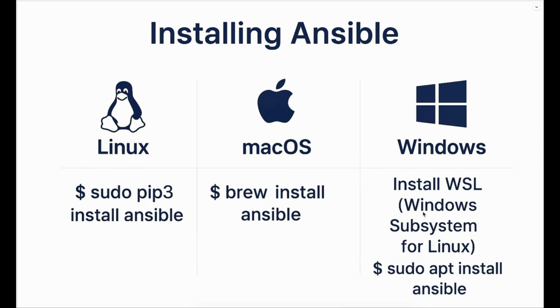Once you have WSL installed and open the Ubuntu terminal inside it, you can run the same command as on Linux: sudo apt install ansible. This gives you a full Linux environment where Ansible runs just like it would on a regular server. So whether you are on Linux, macOS or Windows, installation is straightforward and you will have Ansible ready in just a few minutes.